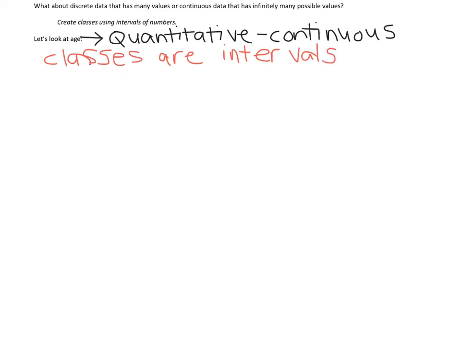Okay, so some examples of this, it might look like, so we would say this is in years. And I'm going to create the classes right here. We could look at something like 25 to 34. So if you're somewhere between the ages of 25 and 34, you would belong in this class. And then so we don't skip any ages, our next class would start at 35.